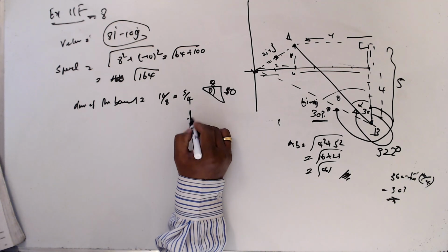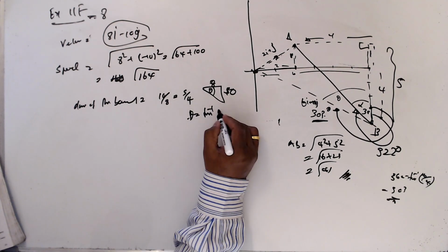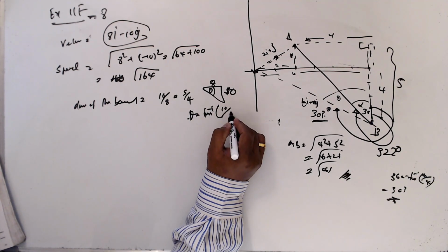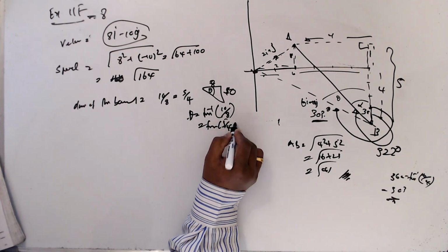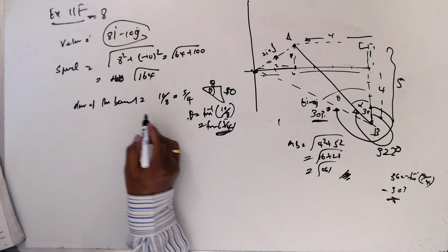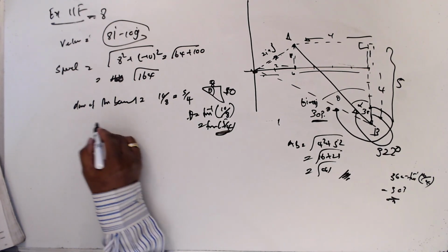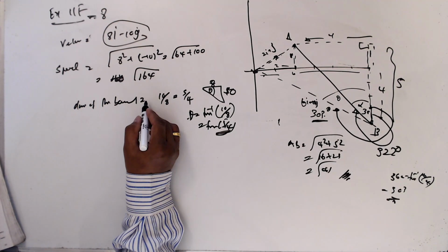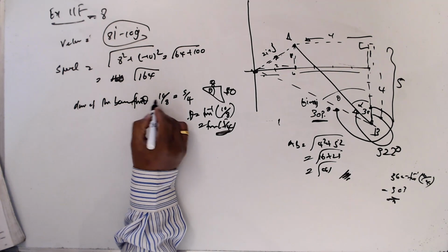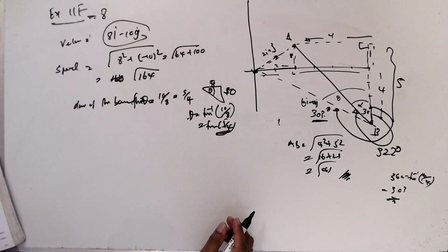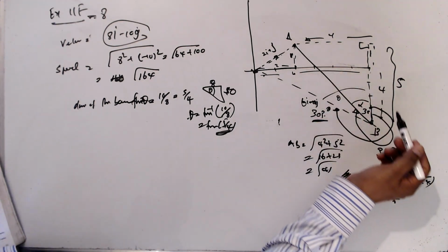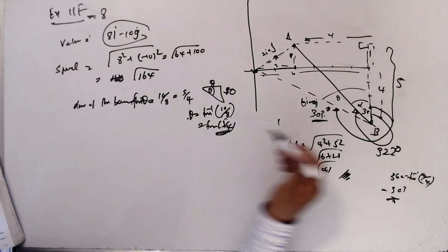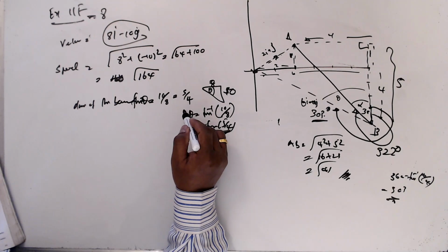Theta equals tan inverse 10 over 8, or tan inverse 5 over 4. Or you can say direction tan theta equals 10 over 8, 5 over 4. Now what is the AB angle? Both are coming to 5 over 4.